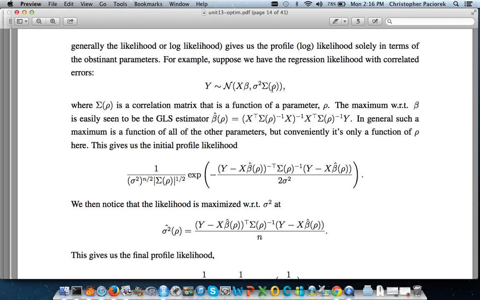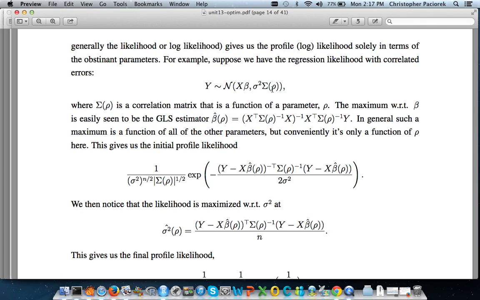And rho says something about how autocorrelated the, sorry, I shouldn't have used x there because that's going to get confused with the covariates. Suppose I have y1, y2, y3 up through yn, and I have errors epsilon1, epsilon2 up through epsilon n.